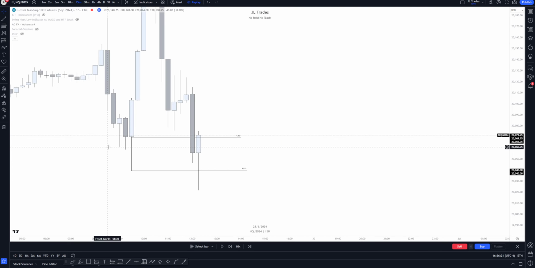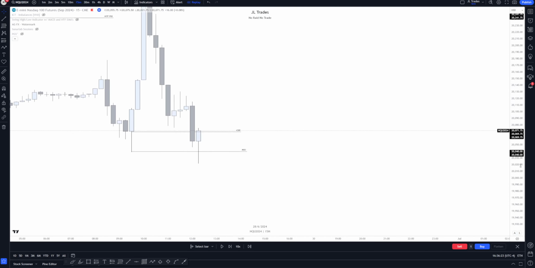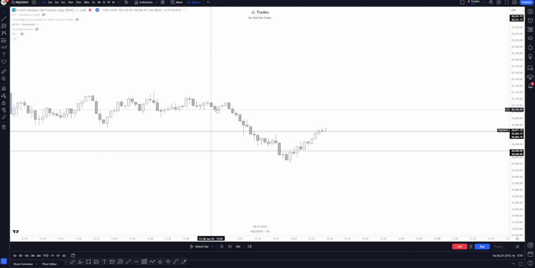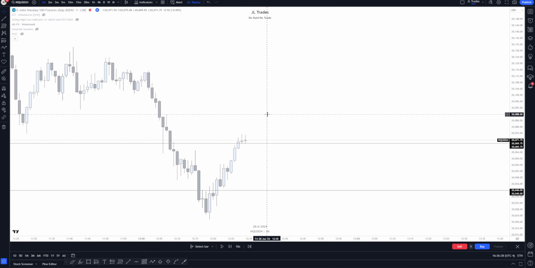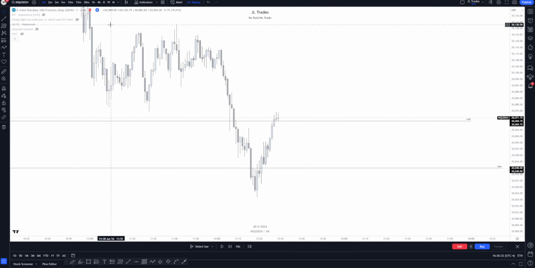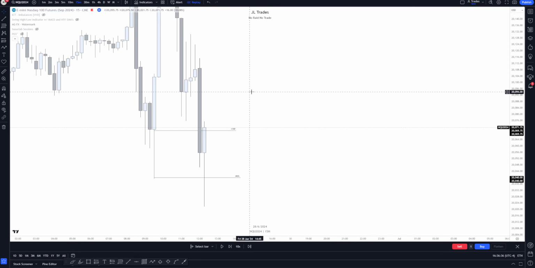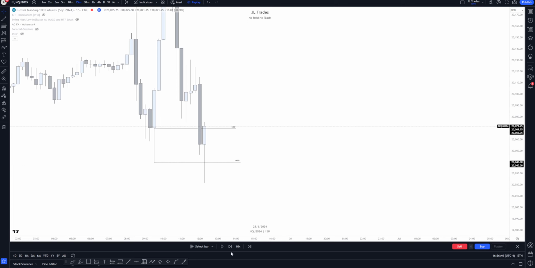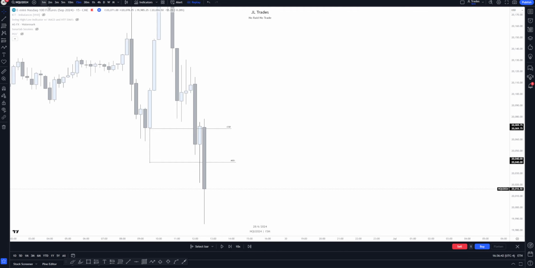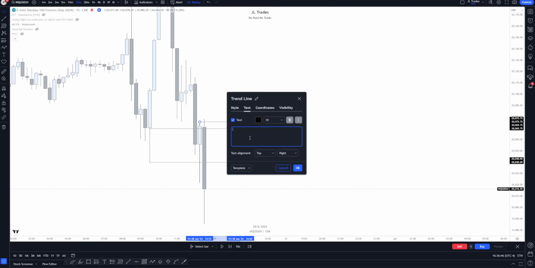Go to the 15-minute. So if I was looking for a bearish setup, what would I want? I'd probably want to wait for this next 15 minutes to close. So now I have a POI, a bearish fair value gap here.